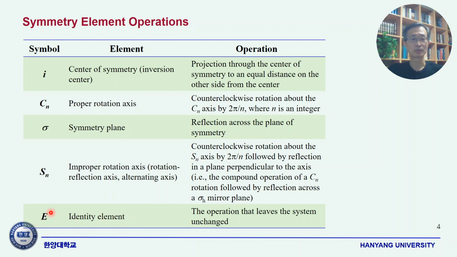So that symbol is E. So these are inversion center, proper rotation axis, symmetry plane, improper rotation axis, and identity: 5 different kinds of symmetry elements, and these are the symbols for them, and the operation is described in the 3rd column.